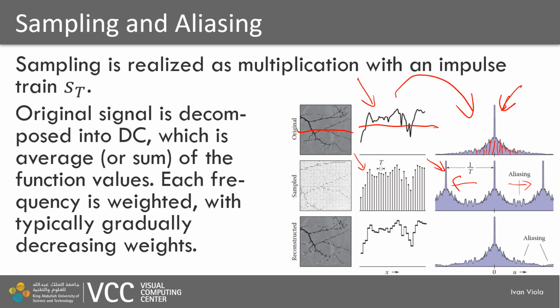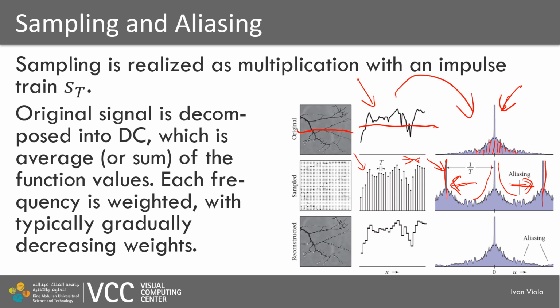And depending on how frequently we sample, how dense the sampling is, the further away these frequency responses will be from each other. So the more dense the sampling is, the further away the peaks of these spectral copies will be from each other.